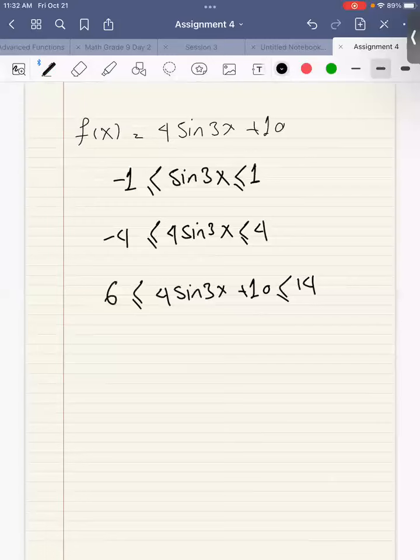But just be careful, these are for sine and cosine. For tangent, the range of tangent is the whole real numbers.